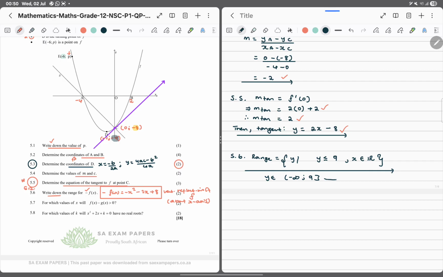By default, this is automatically only acceptable without qualification when x is an element of real numbers. But I like to write that habitually because when x is not an element of real numbers, it can hurt. Okay, it really can hurt. Or some people may just write y is less than or equal to 9, right? Because we know this turning point would be the maximum when it's minus 1 and plus 9.